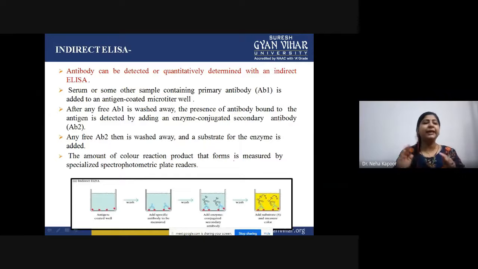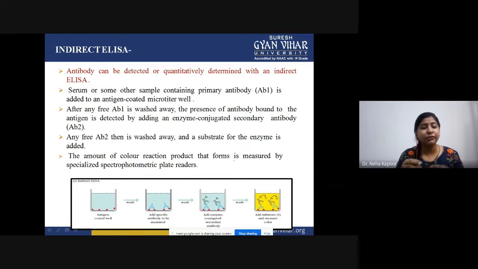First is indirect. That means this is not a direct estimation method. We go for a method that is indirect, in which we can detect the presence of antibodies. Either we can detect or we can quantify by using this technique.